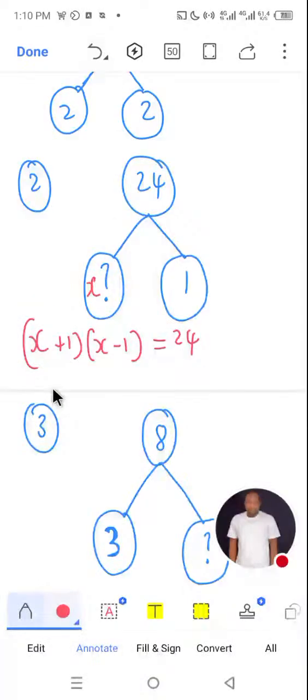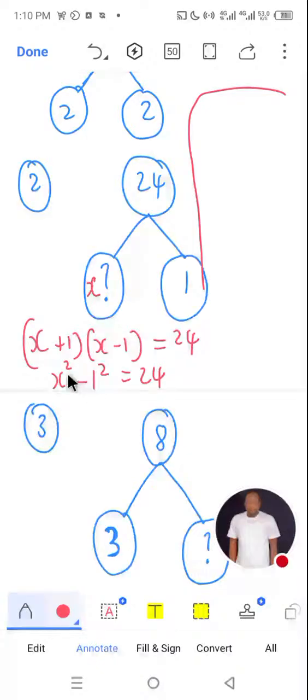So this can be written as x squared minus 1 squared, because if you factorize this, you're going to have two brackets, x plus 1 and x minus 1. So this is equal to 24. And wrapping it up here, you have x squared minus 1 squared, that's 1, equal to 24.